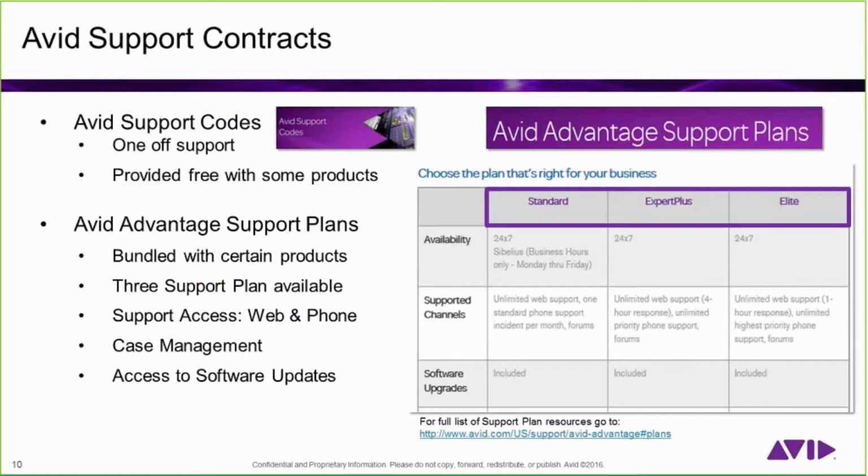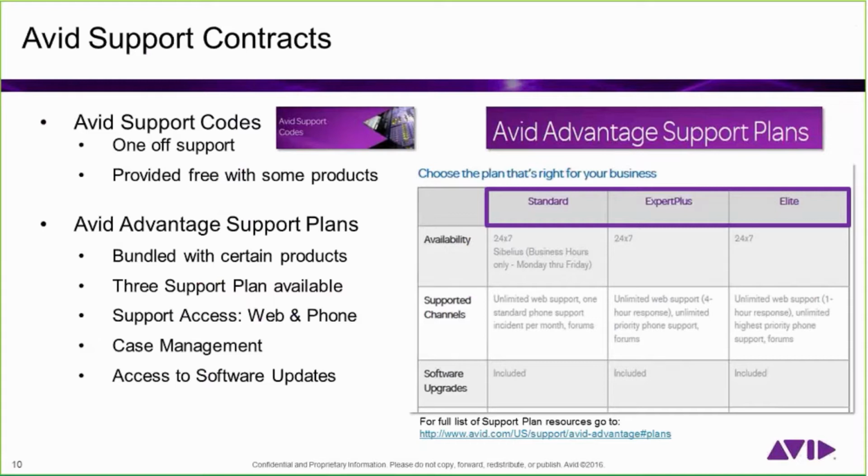So how do you get support from Avid? That's really the next thing. And there's a couple of different ways. The first thing you see on this slide here is Avid support codes. These are something that we don't use as much now as we once did. And I'll explain a little bit about why.